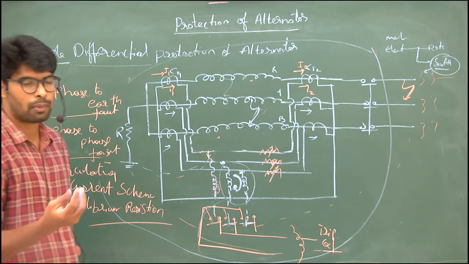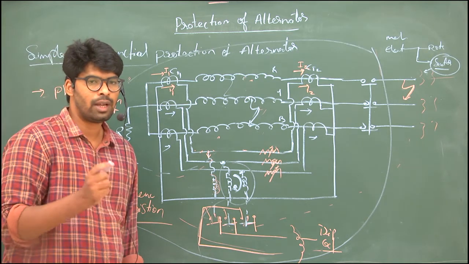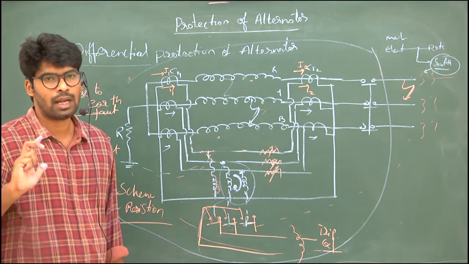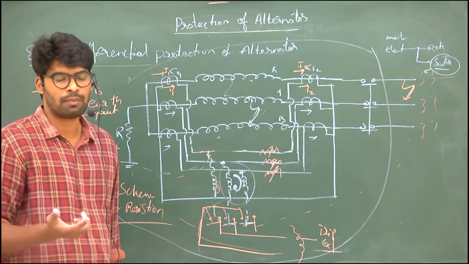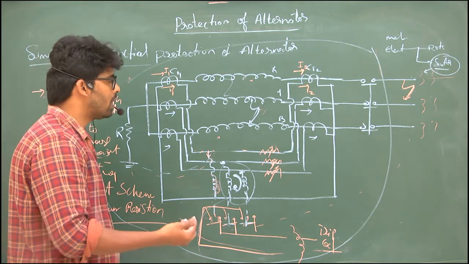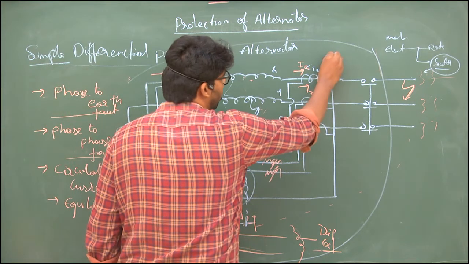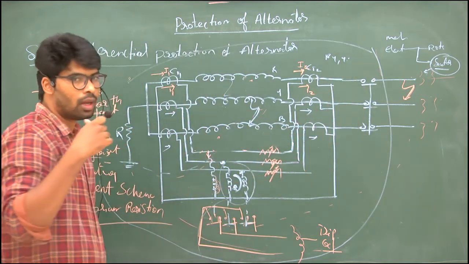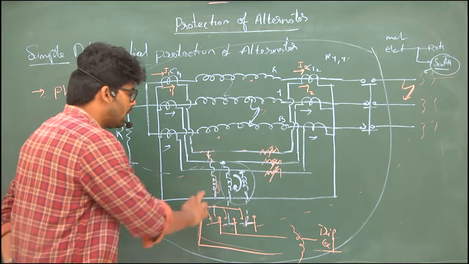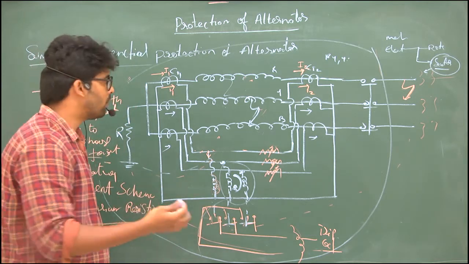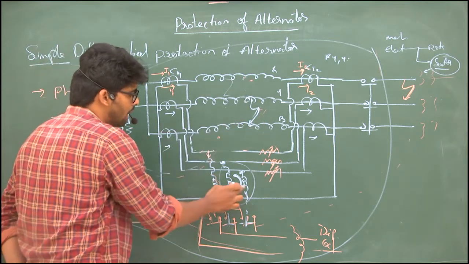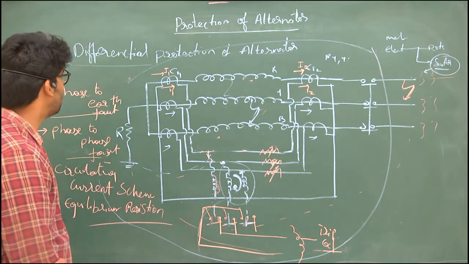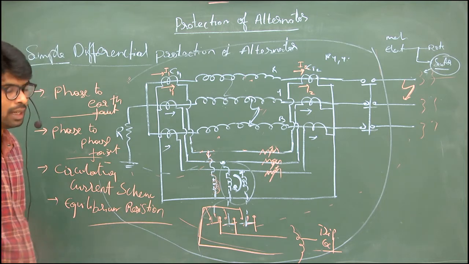Whenever loads are connected in parallel, never assume which phase is connected, or the way the fault occurs. Always in the conventional way we take RY, YB or BR, but you have to assume in your mind that either phase may get connected. If R and B are connected, then R and B will be operated. This is the brief explanation of a simple differential protection of alternator.